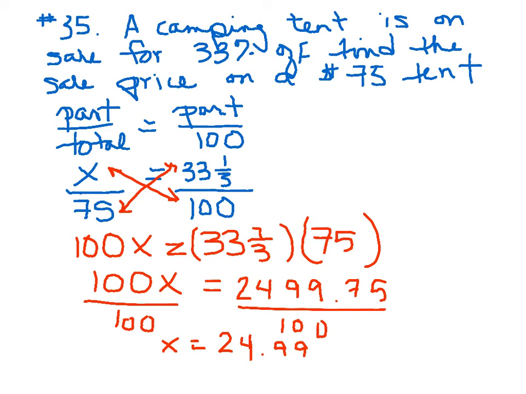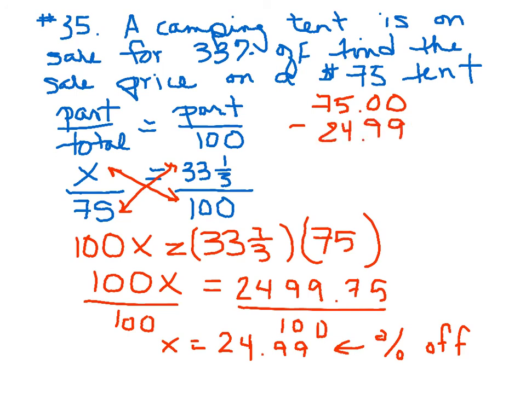Now what I need to be clear on is that isn't the price of the tent, that is just the sale price. So I have to take 75 and subtract that from it. So this gives me the percent off. So I have to take $75, and from that I'm going to subtract $24.99.